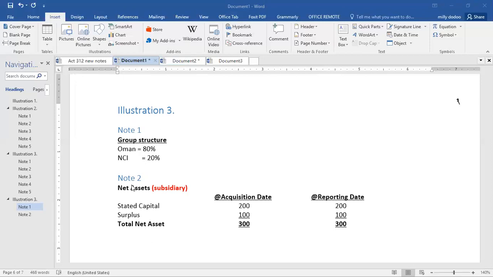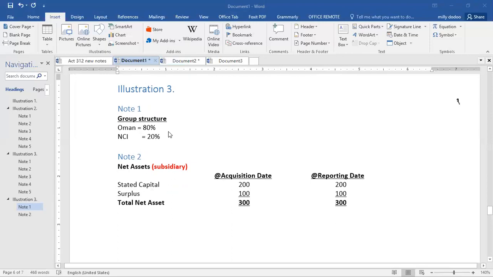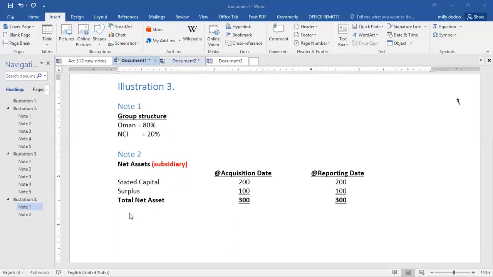Then you come to note 2, which is your acquisition date net asset and then the reporting date net asset. So when you pick the stated capital for the subsidiary, it is 50. And you were not told anything about stated capital in the footnote. So it is 50 at acquisition, 50 at reporting.